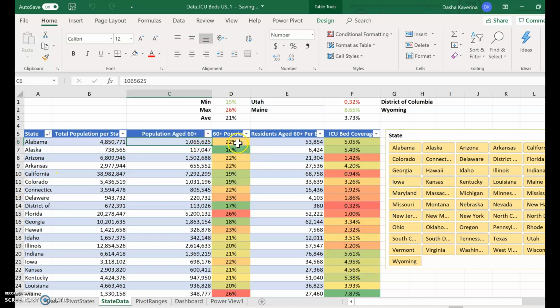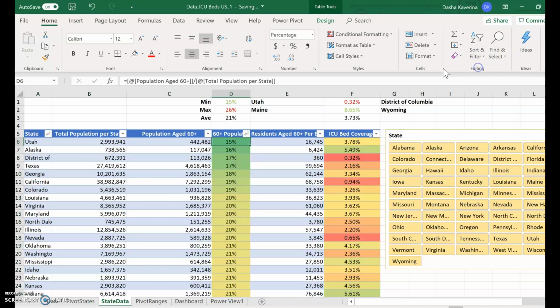I applied conditional formatting to color code these 2 indicators. So with population over 60, the lower the number, the greener the code is, because if there are fewer people in a state ages 60 and over, it means there is less risk of people going to a hospital.